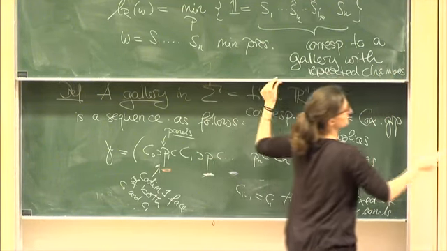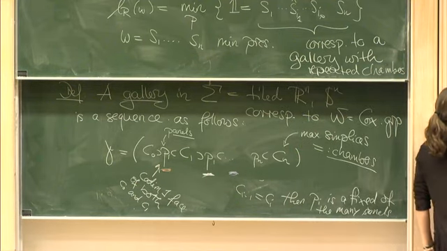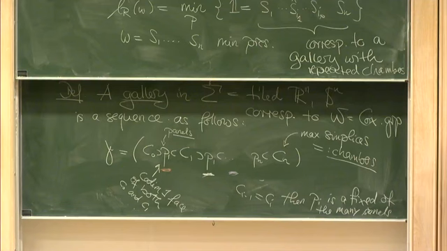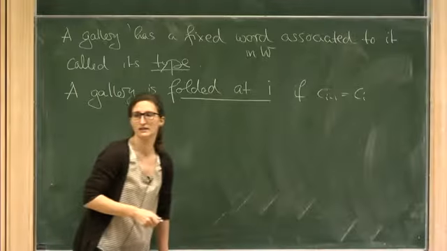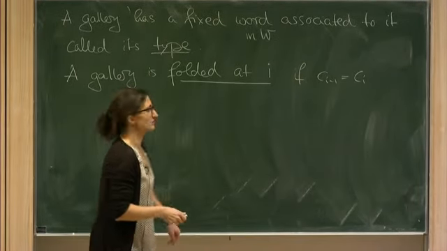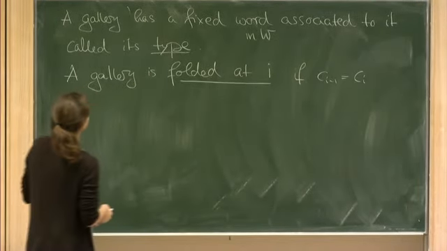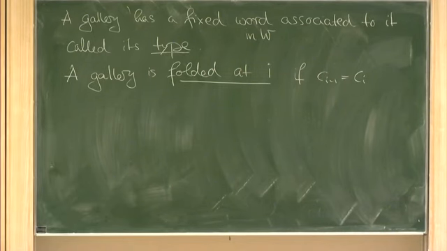We give those a name. We say a gallery is folded at i if c_{i-1} equals c_i. Okay? So what that means is in the corresponding word, this particular generator is decorated with a hat.